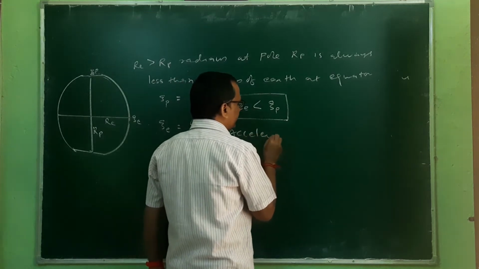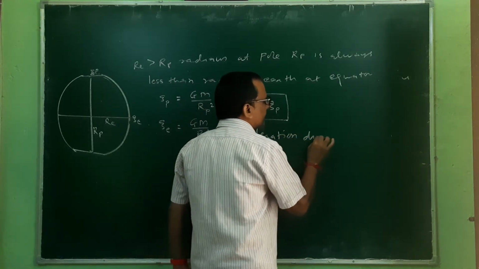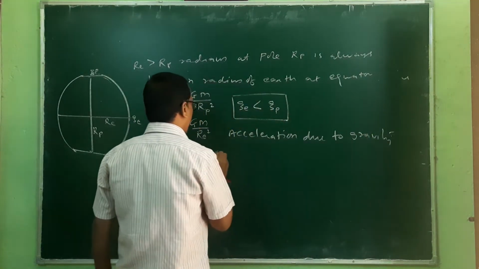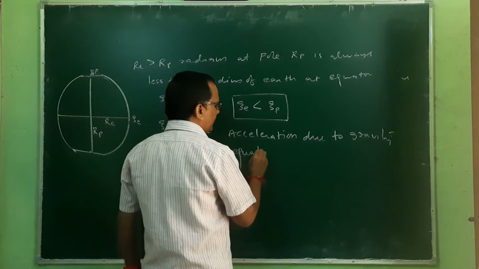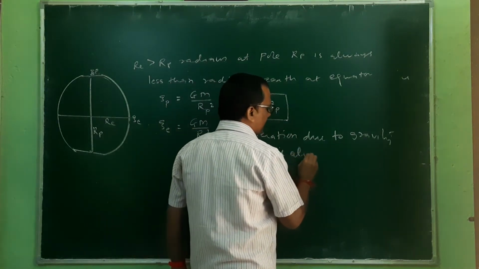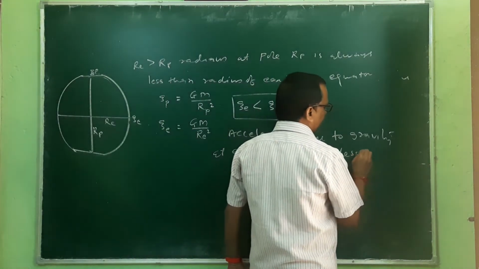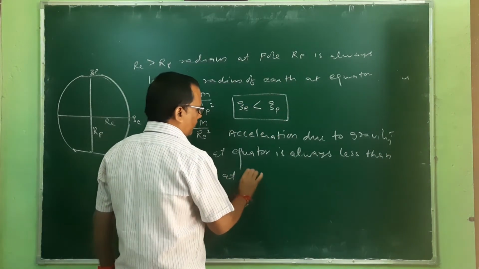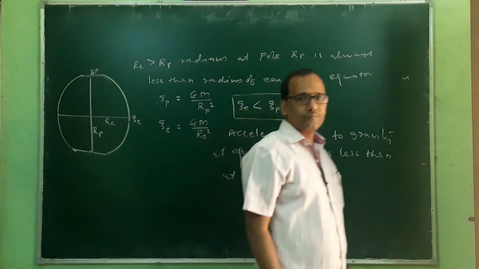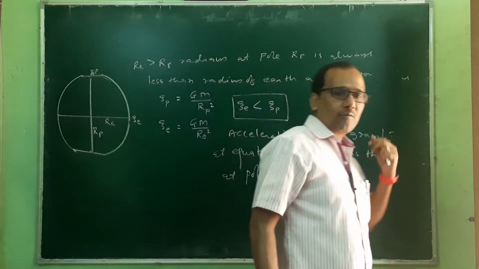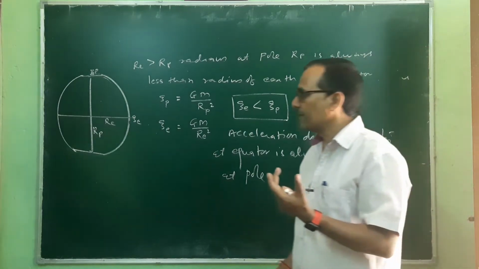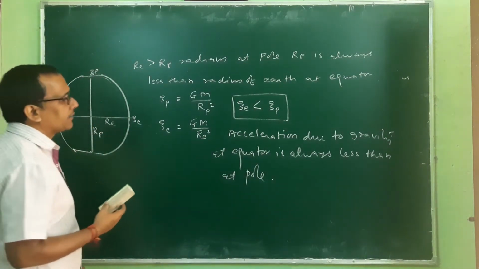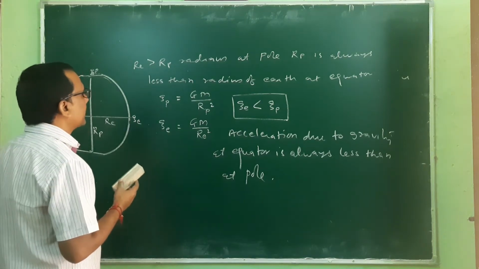Acceleration due to gravity at the equator is always less than at the pole. So this calculation is all for the fixed Earth, but our Earth is in motion as well, rotational as well as orbital motion. So due to the motion of our Earth, there will be a change in acceleration due to gravity.